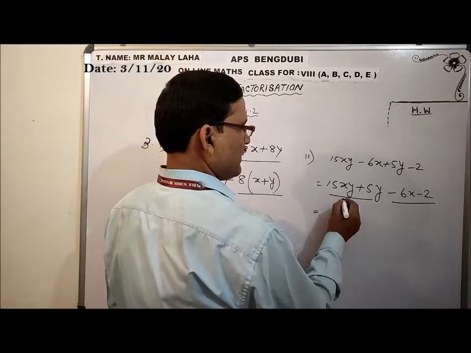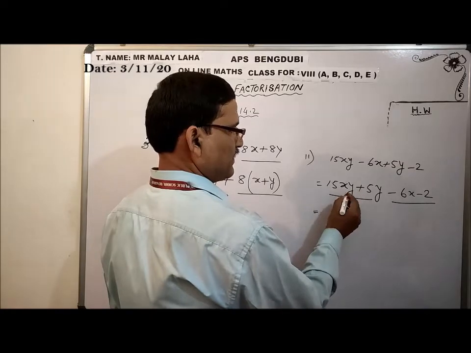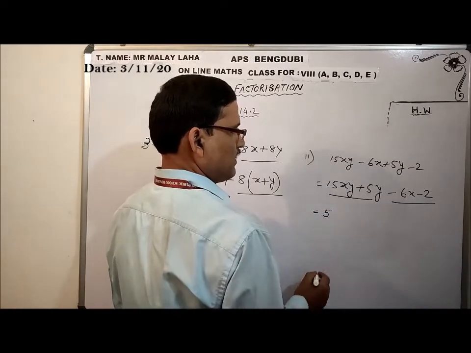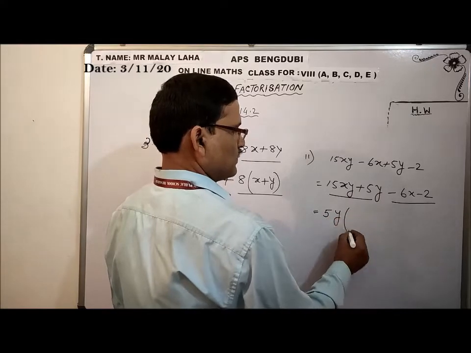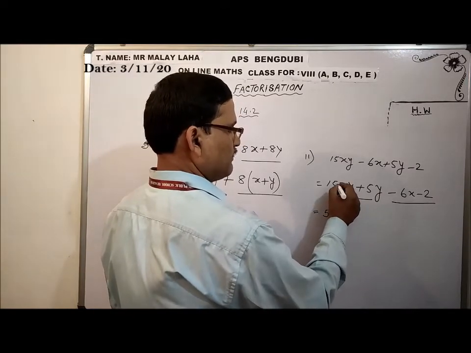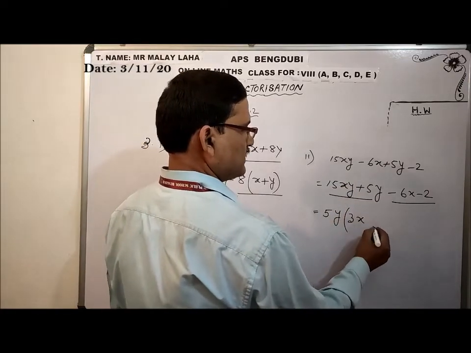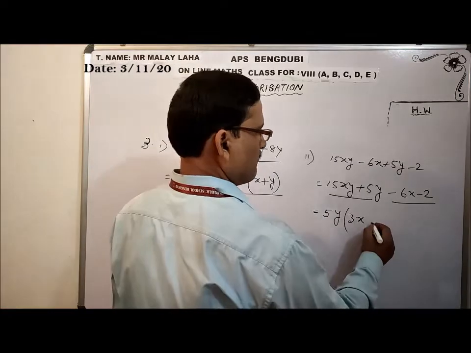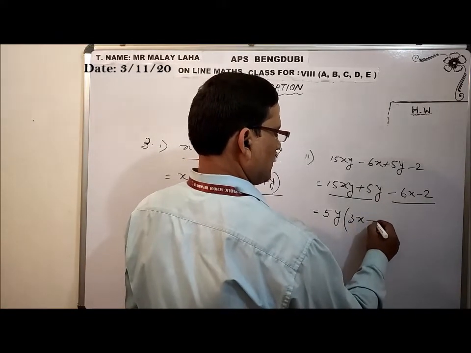So now, what is the maximum common from this group? 5 and 15, so the maximum common is 5. And x and y, what is the maximum common? y. So if I divide by 5y, 15 divided by 5 is 3, y is out, x is left out. Then this one, 5y is common.